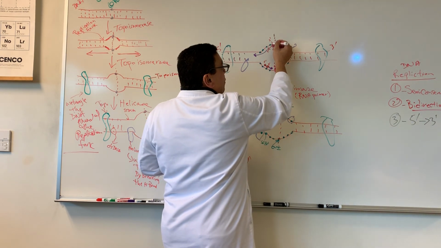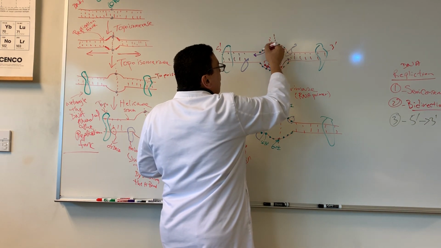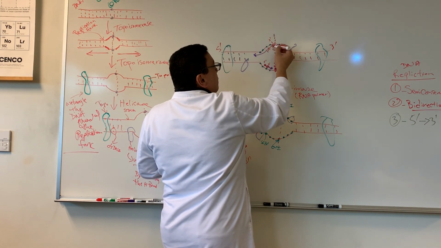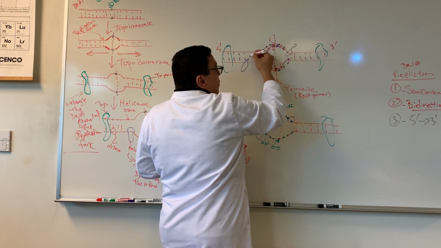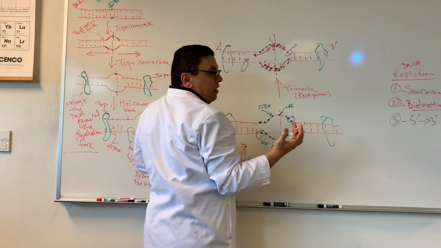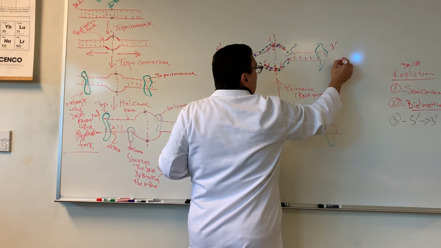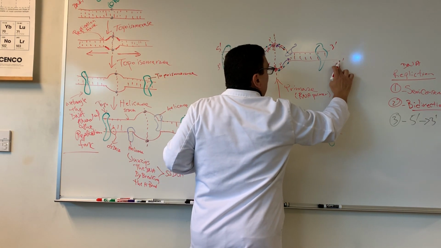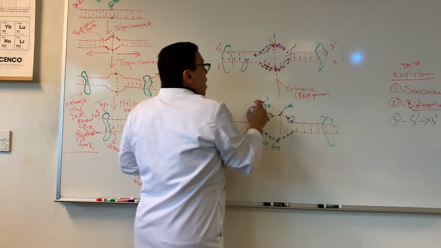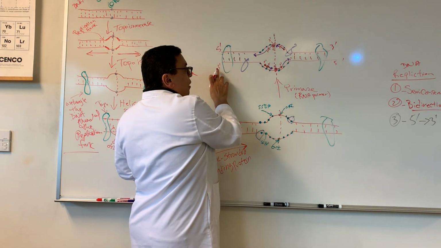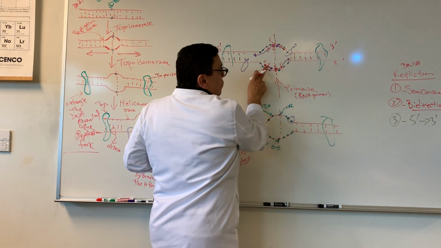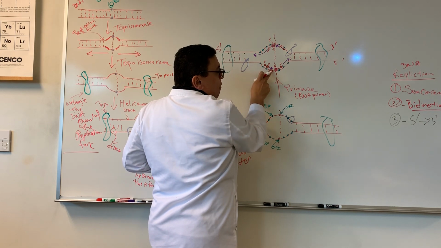So I'm actually reading the template 3 prime to 5 prime to make the DNA 5 prime to 3 prime. It has to be done that way. Well, it's the same thing for this one. I have to read the template 3 prime to 5 prime to make the DNA 5 prime to 3 prime.